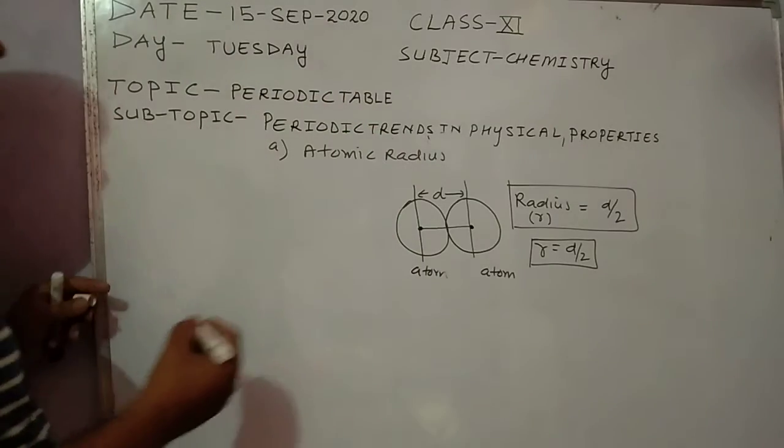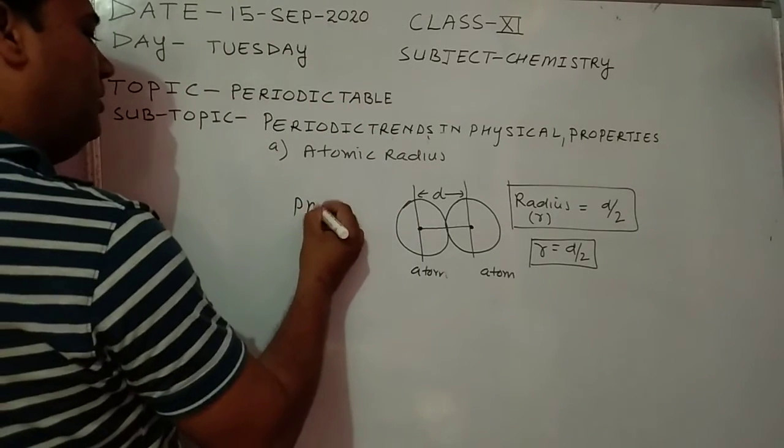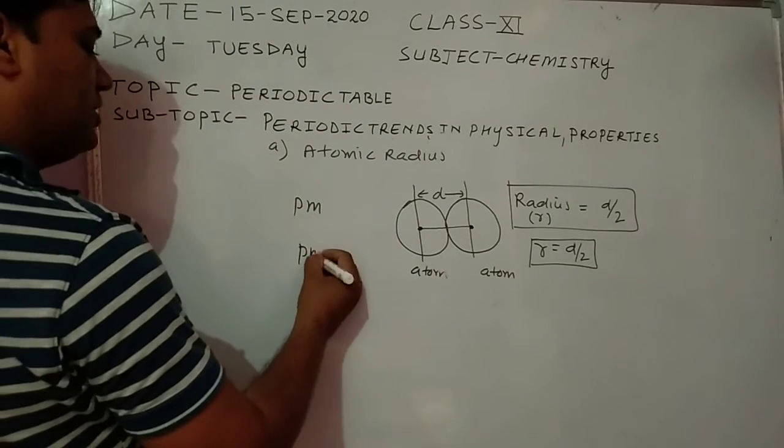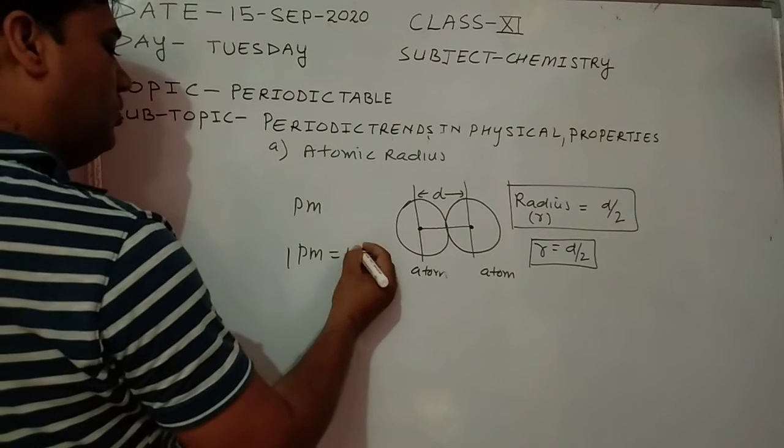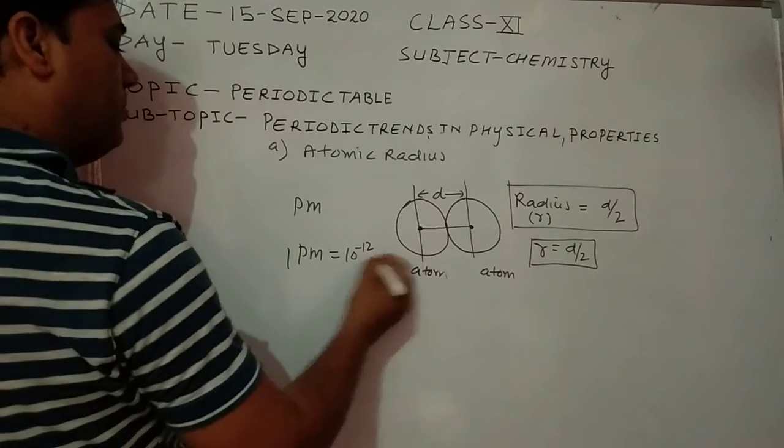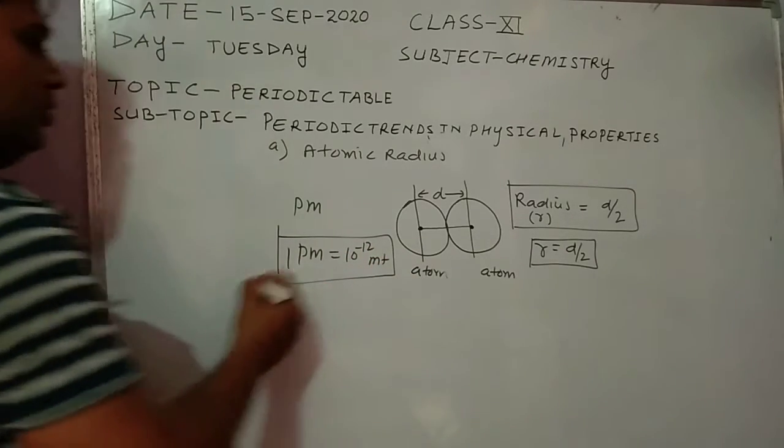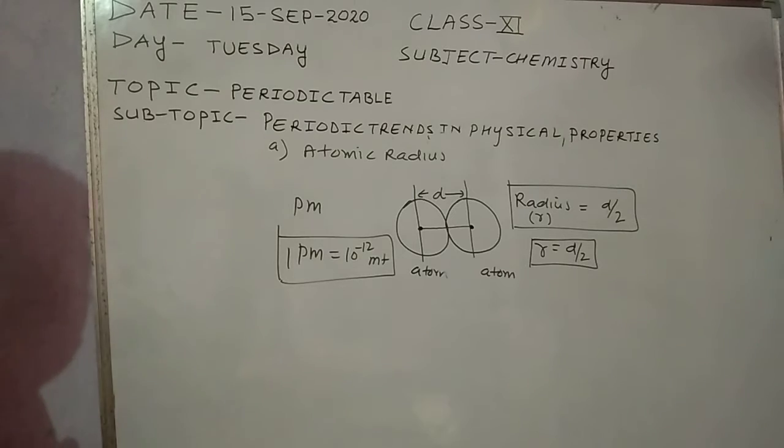Radius is measured in picometer because atoms are very, very small. So 1 picometer is equal to 10 to the power minus 12 meter. So radius is measured in picometer.